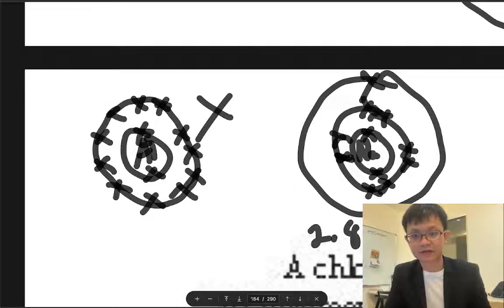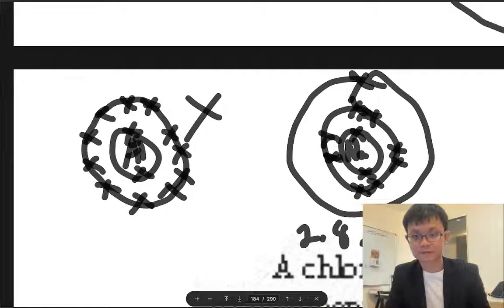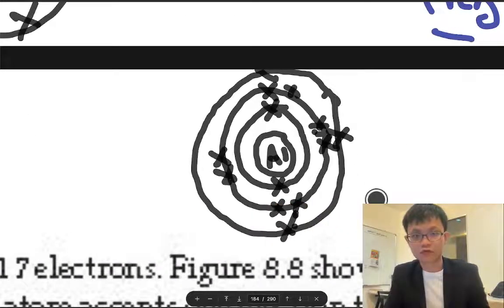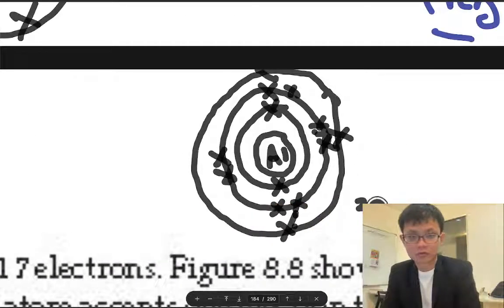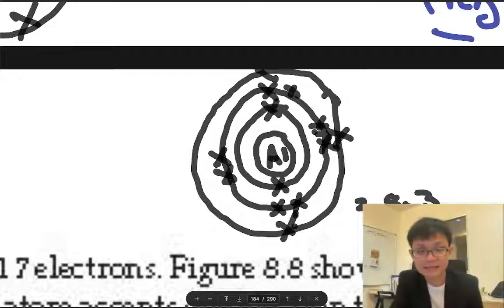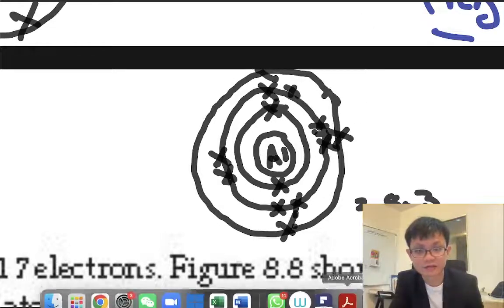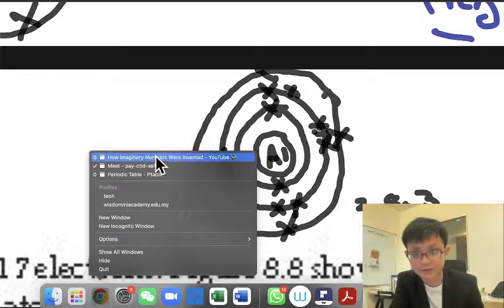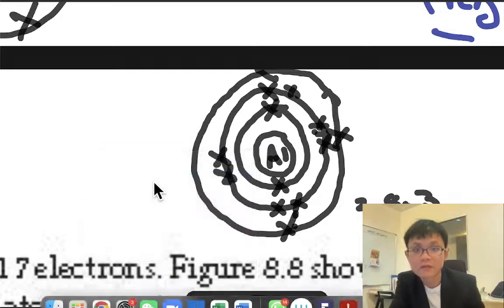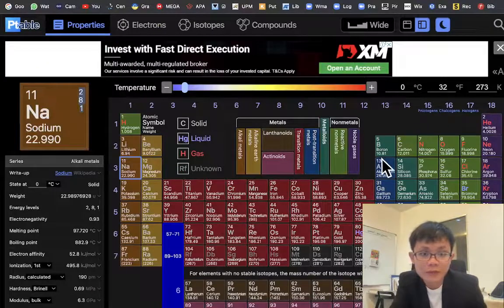Aluminium, just now that I drew, is 2, 8, 3. Correct or not? 1, 2, 8. 1, 2, 3, 4, 5, 6, 7, 8. Outside the shell, 1, 2, 3. 2, 8, 3 is aluminium. Let's see the website. Where is it? 2, 8, 3 for aluminium.